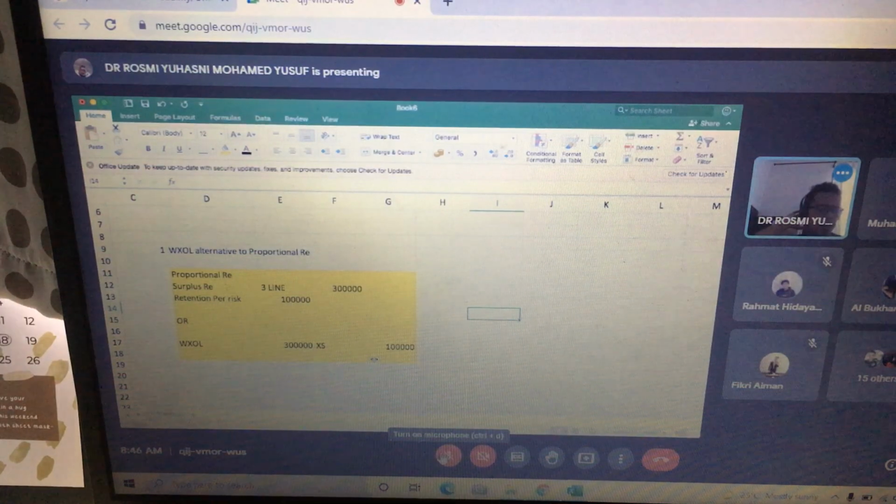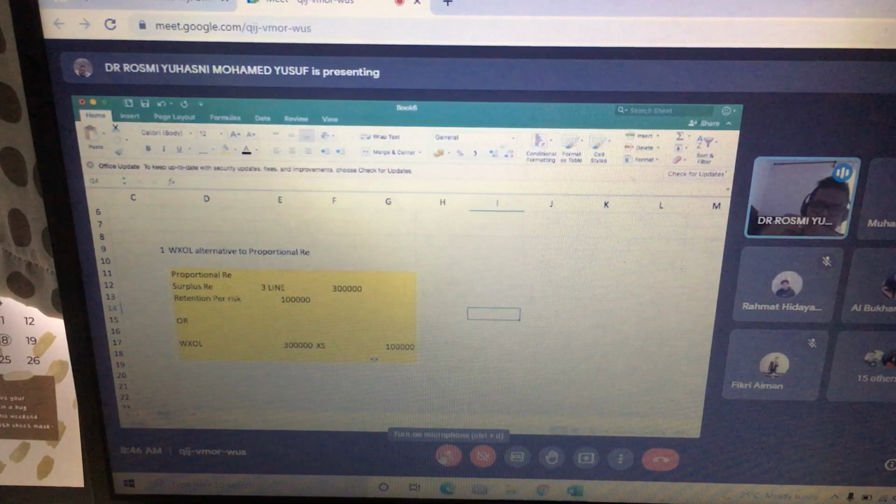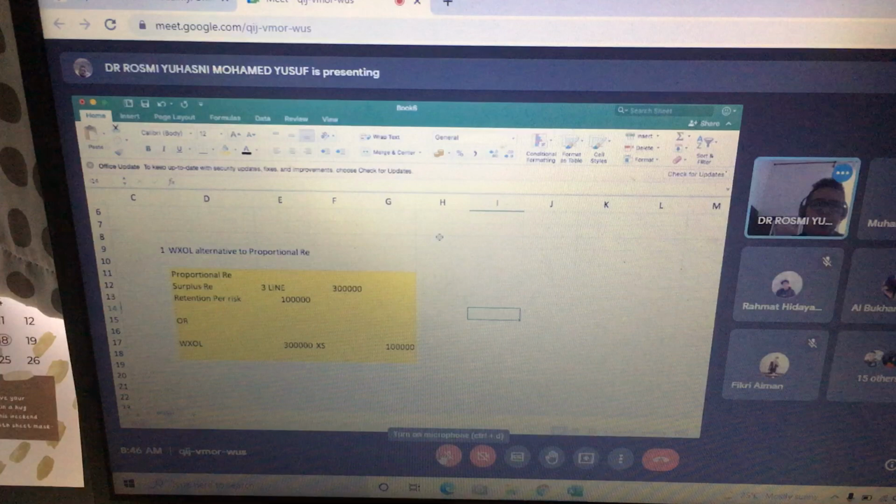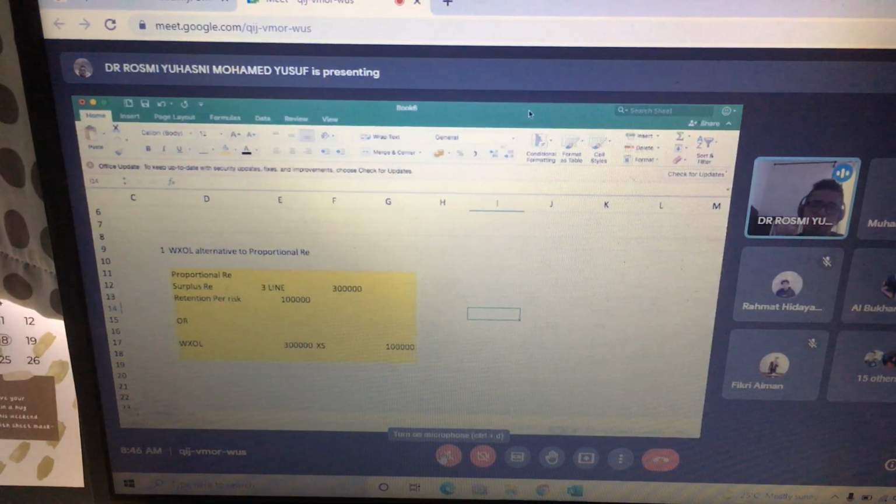Masing-masing both has their advantages and disadvantages, which we have covered before. Kita dah cover benda sebelum ni. So they are pros and cons. Insurer can decide either two, yang mana satu dia nak guna. Okay, itu point yang pertama, working excess as an alternative to proportionary.